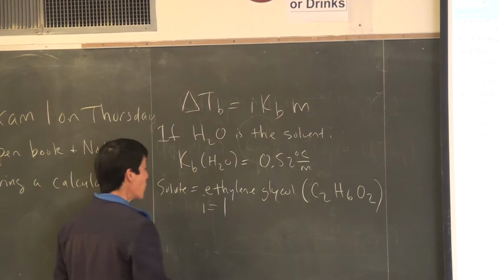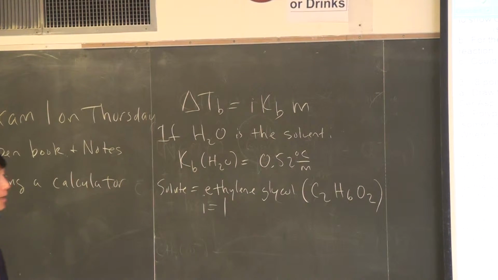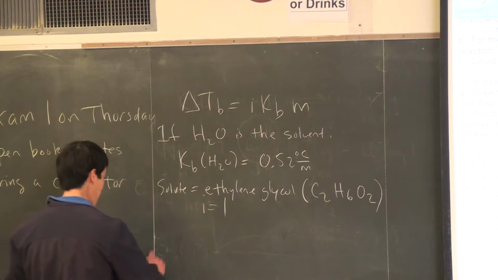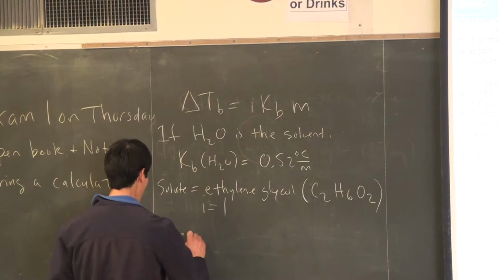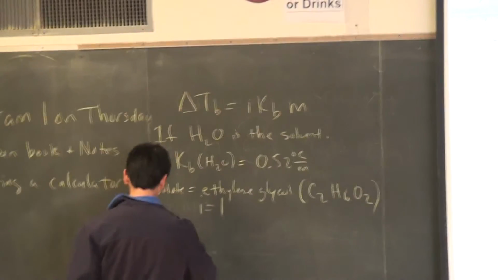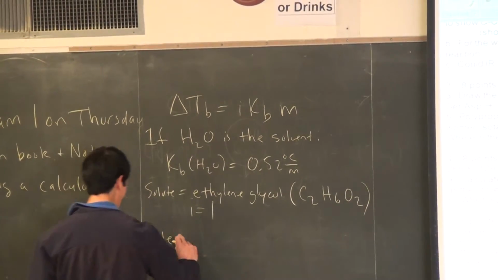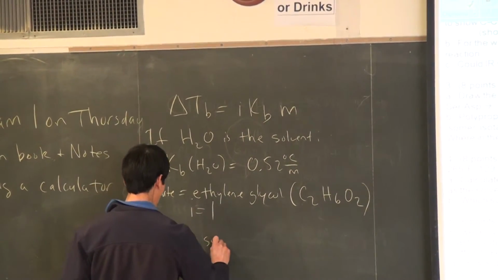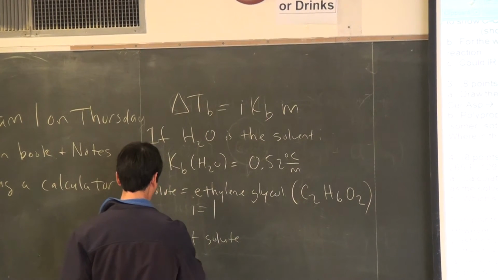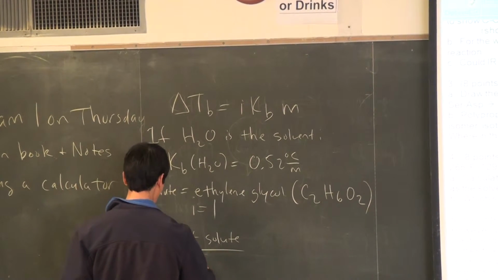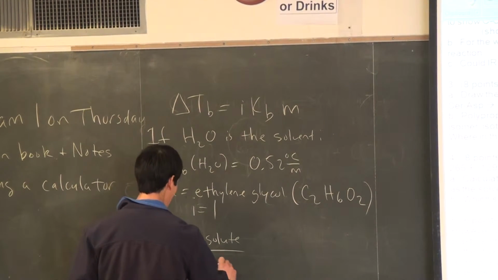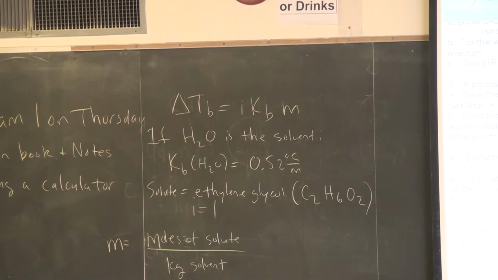What's going to be m? Yeah, so the molality, which is m, is equal to the moles of solute per kilogram of solvent. So can we calculate the molality of the solution?